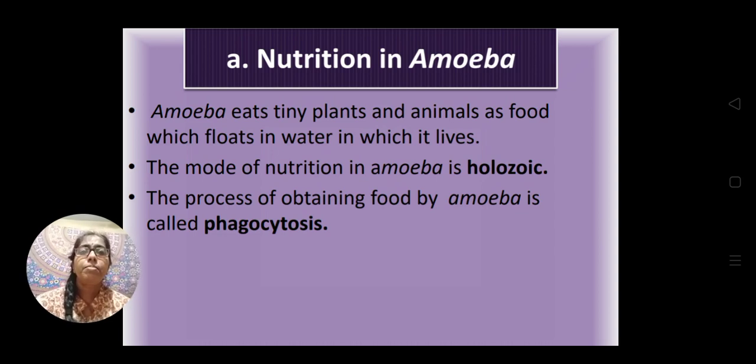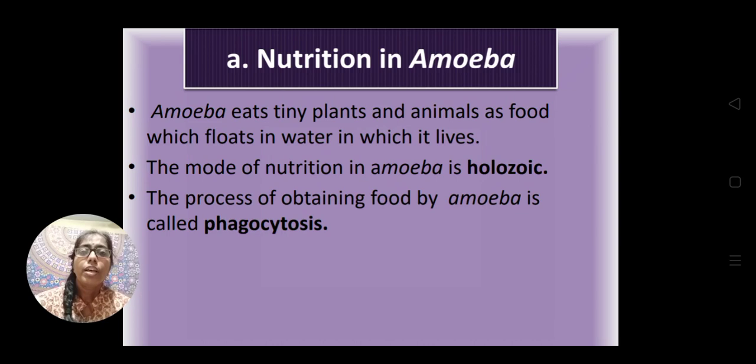And the mode of nutrition, as I discussed in my previous part, part 3, is holozoic in amoeba, and the process of obtaining food by amoeba is called phagocytosis. So why is it called phagocytosis?